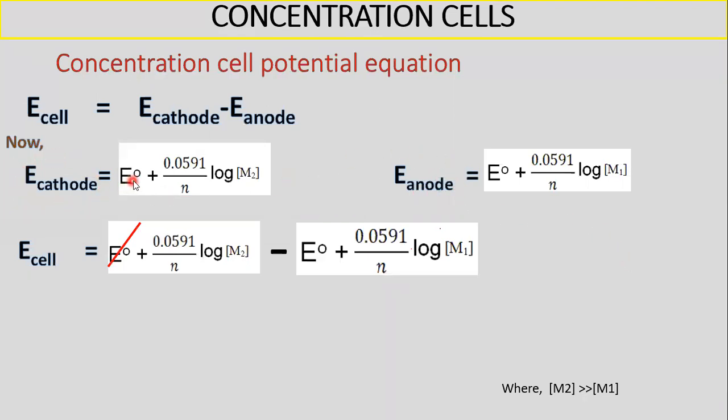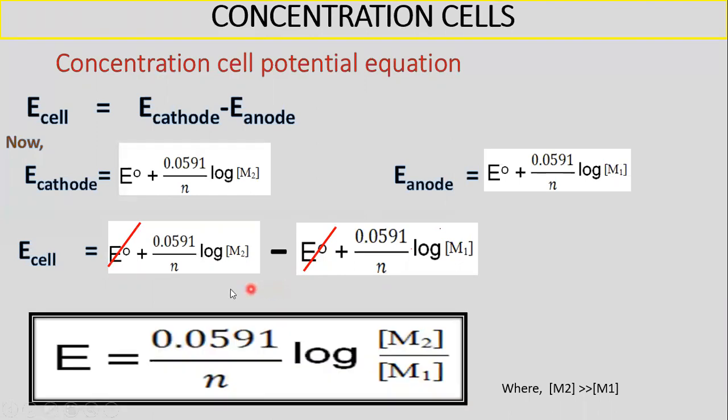E cathode is E naught plus 0.0591 by n log of concentration of M2, because the M2 concentration is the one we have taken as cathode. Similarly, E anode will be E naught plus 0.0591 by n log of concentration M1, the lower concentration. Now, if you substitute in the E cell equation, we can see that the E naught term gets cancelled.